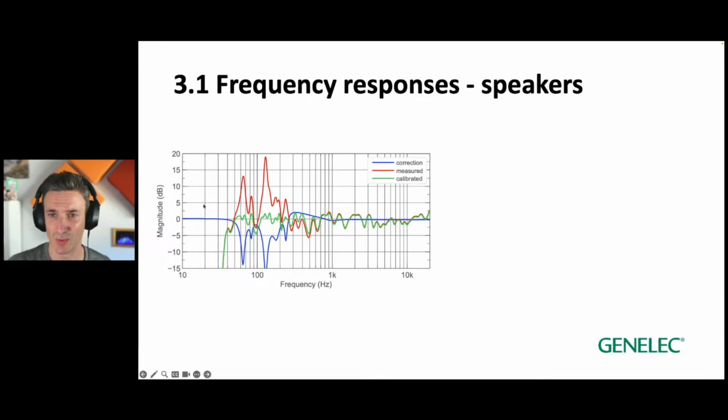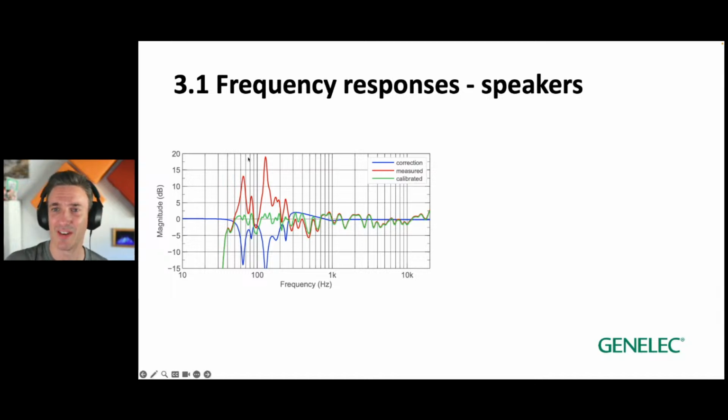For example, this is once again an example from my small room with two huge modal influences at approximately 60 and 120 Hertz. And 120 Hertz, for example, would be more than, I think, 17 or 18 dBs too loud, just because of the dimensions of this small room.